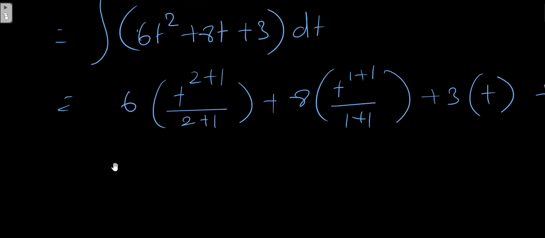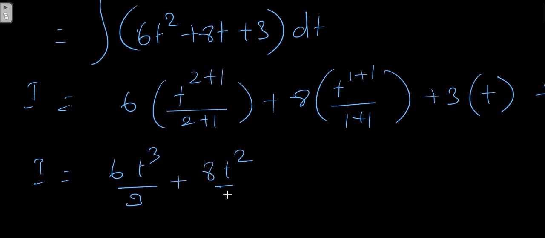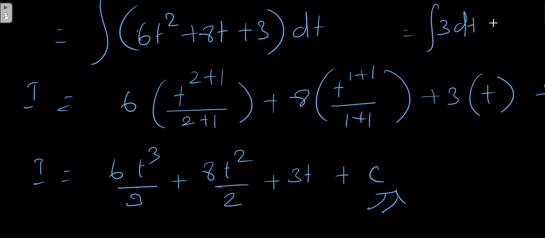So now we have I is equal to 6 t cube by 3 plus 8 t square by 2 plus 3t plus c. This is the integral constant. Clear? Differentiation of 3t gives 3.